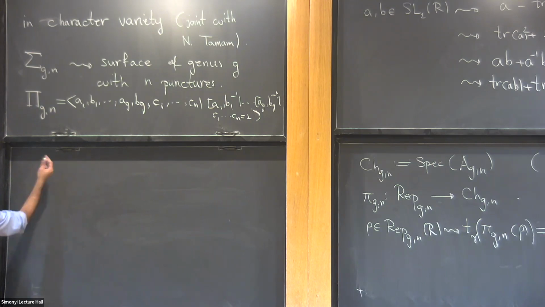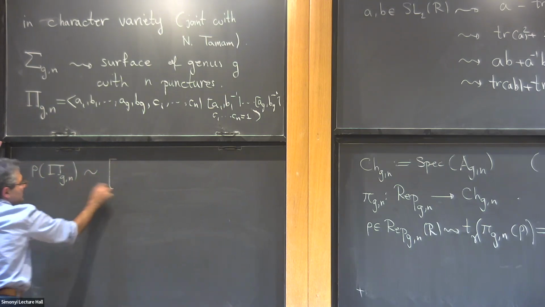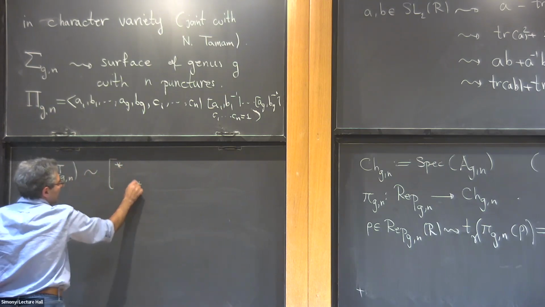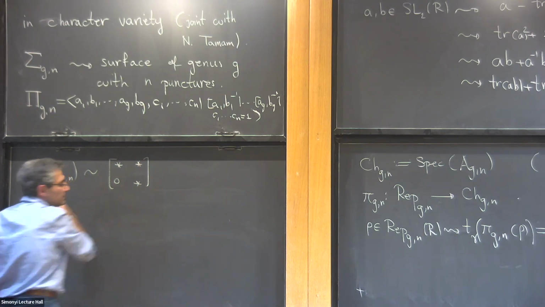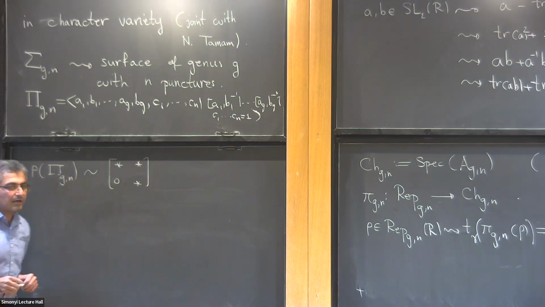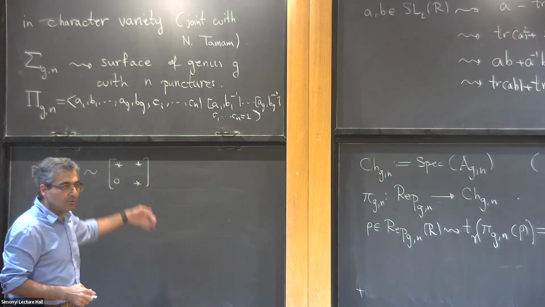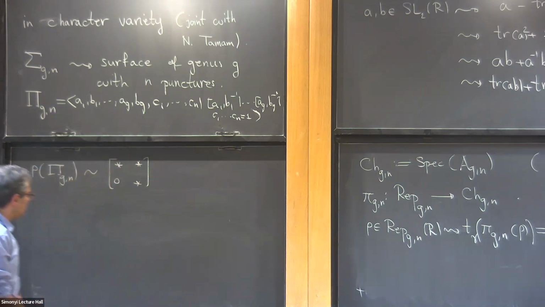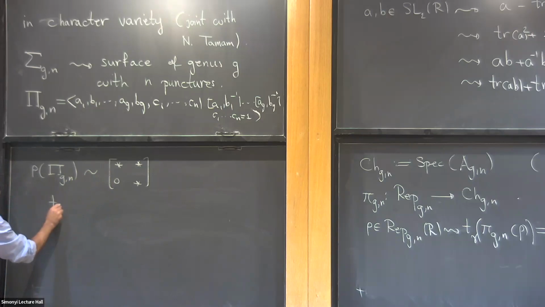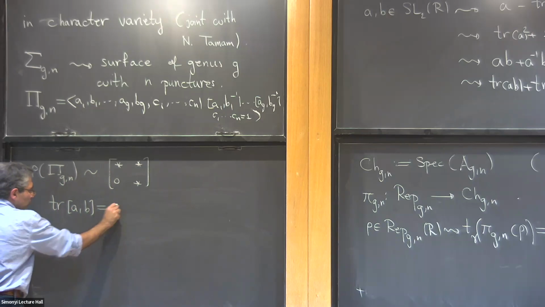So again, if my representation is not absolutely irreducible, this means that I can upper triangularize it. And therefore, when I take the commutator of this one, the traces all become 2. So if I pick two elements, the trace of the commutator should become 2.